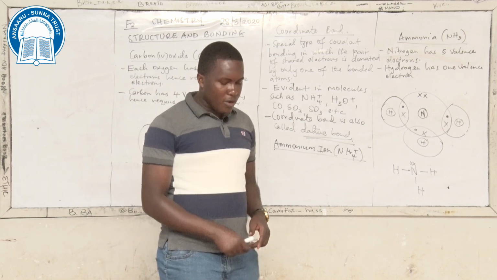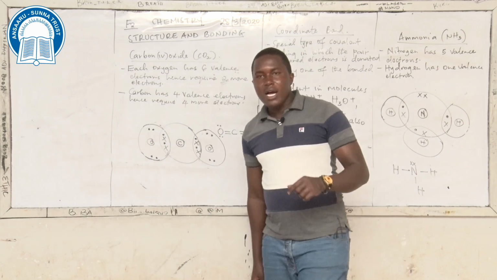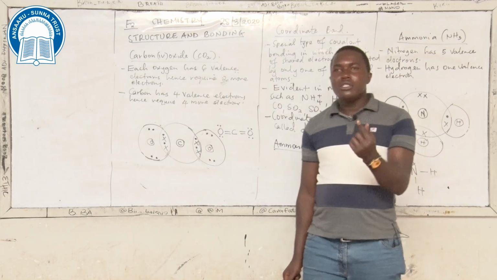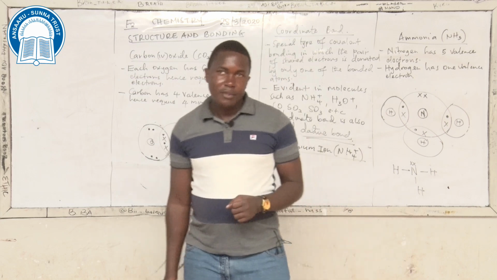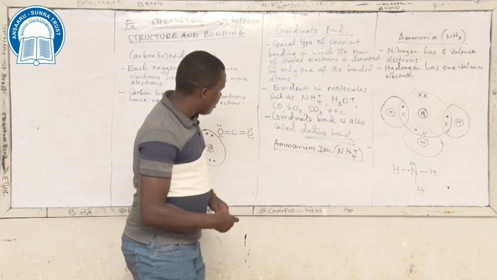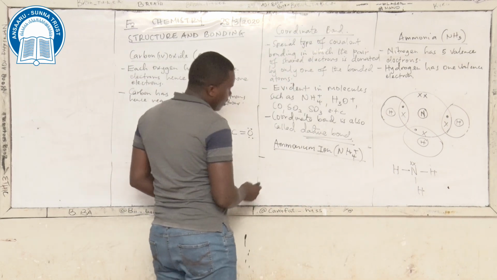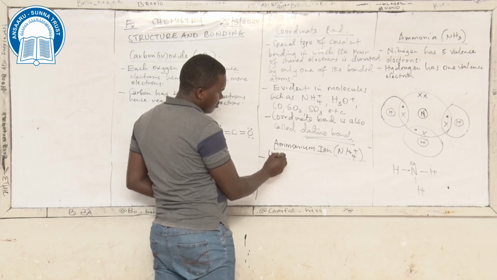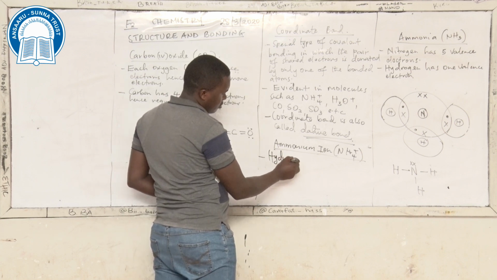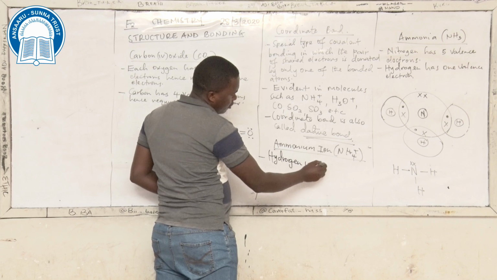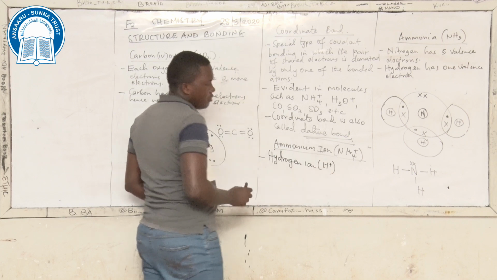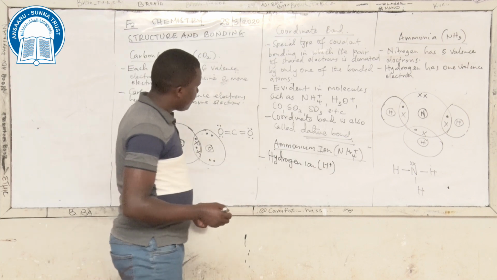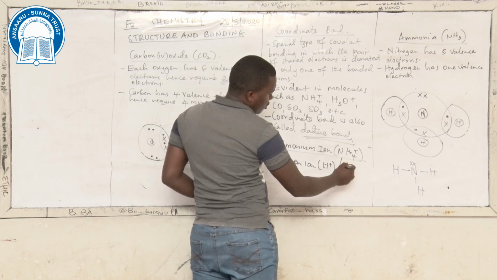But out of those 4 hydrogen atoms, there is one which does not have any electron. That one we call hydrogen ion. So there is a hydrogen ion which is deficient in electrons, and this is also known as a proton.